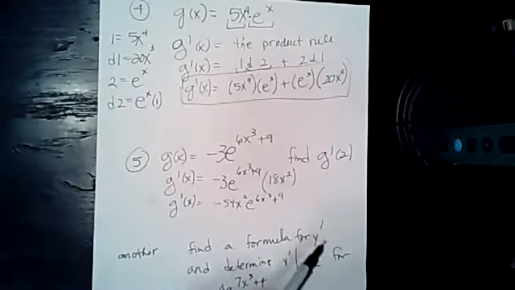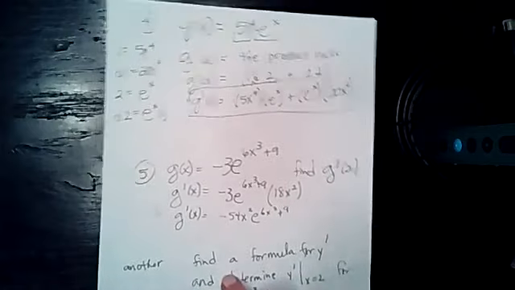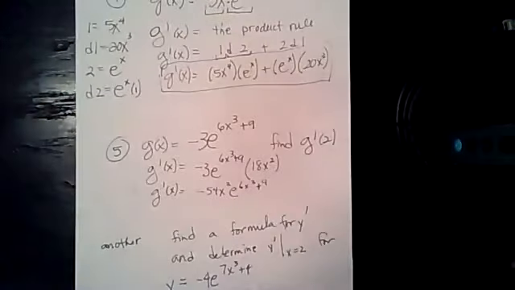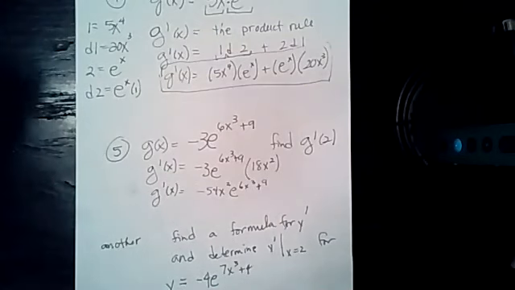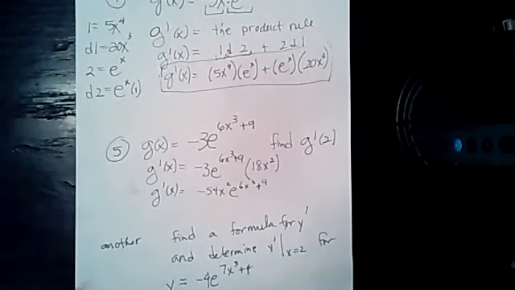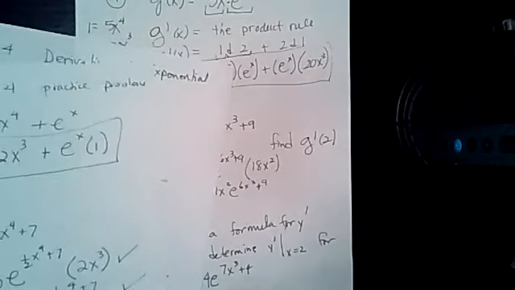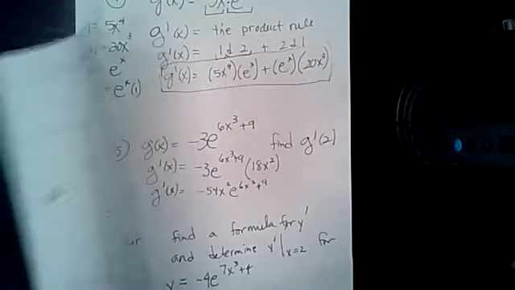Okay, and then let's see. That was 4, 5, and then here we are. Good. 1, 2, 3, 4, 5.